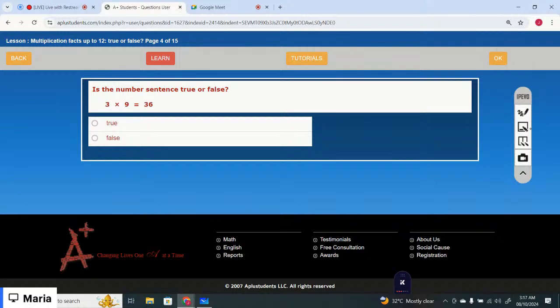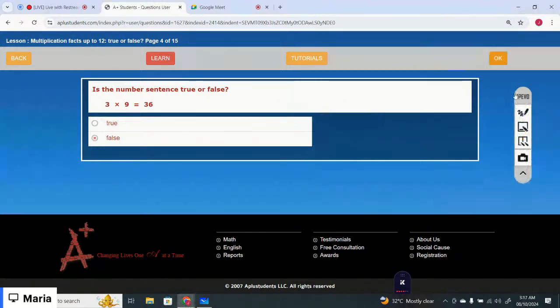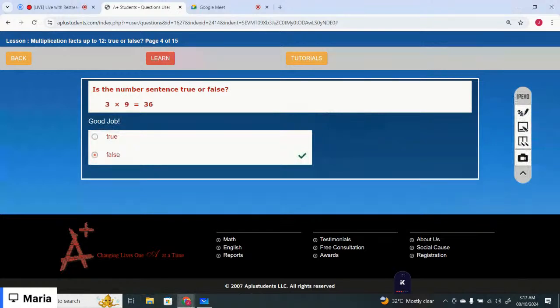Because 3 times 9 is 27, right? That is not equal to 36. So, yes, false it is. Very good. The correct option is false. Option number 2 is the correct option.